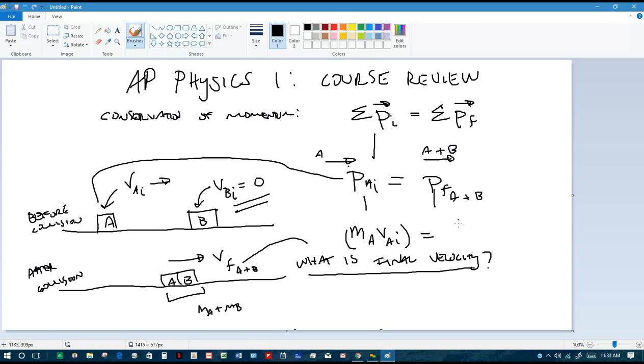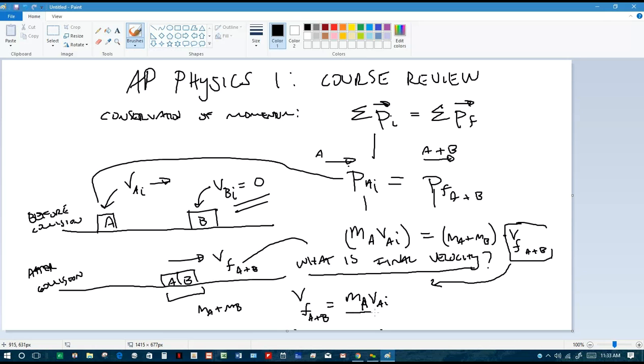So since momentum, again, is mass times velocity, our mass term has to combine both masses times some final velocity of A plus B. And so if this is what you were solving for, you would just divide over. So you'd end up with your solution: the final velocity of both blocks stuck together is equal to the momentum of the initial block that was moving divided by the sum of their masses, MA plus MB.